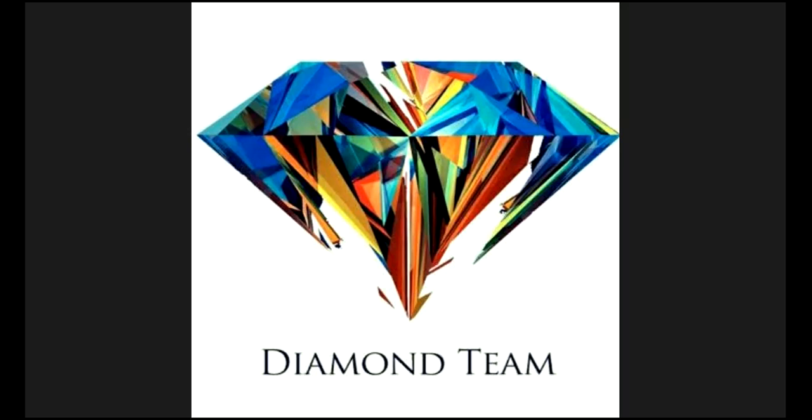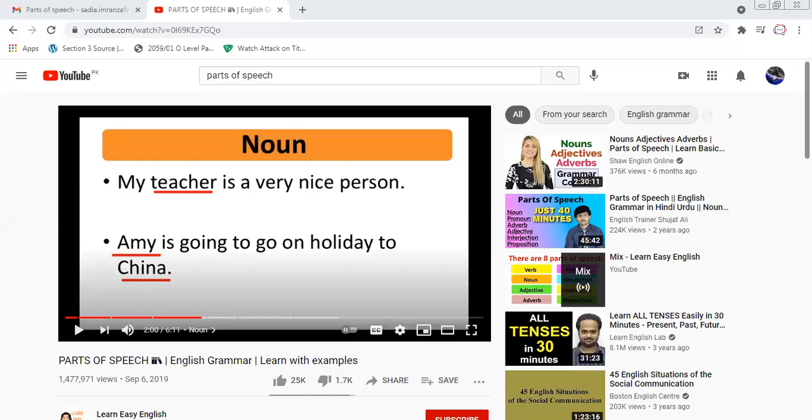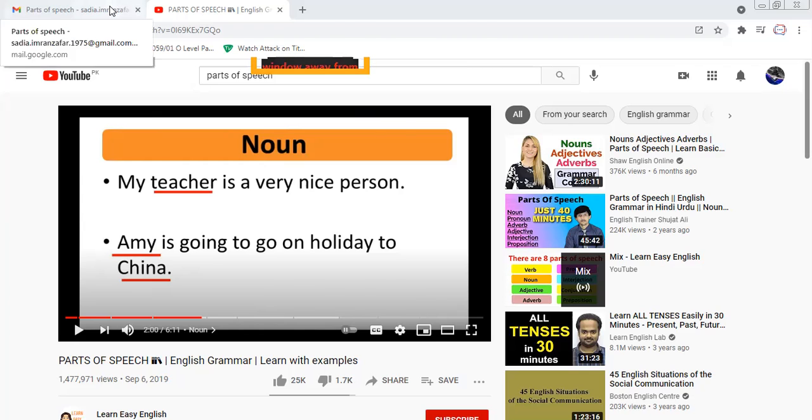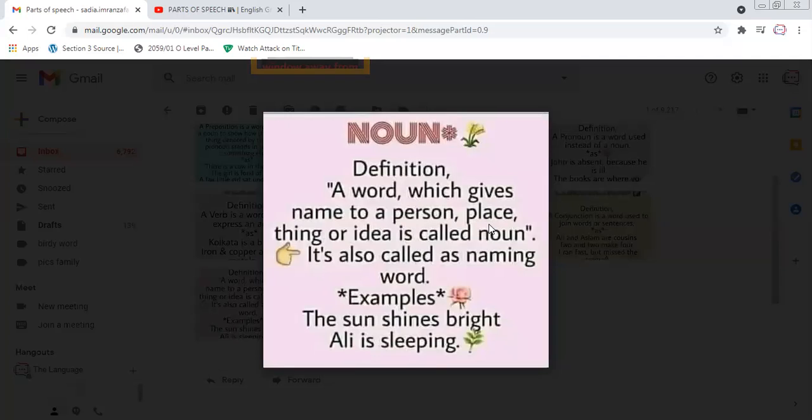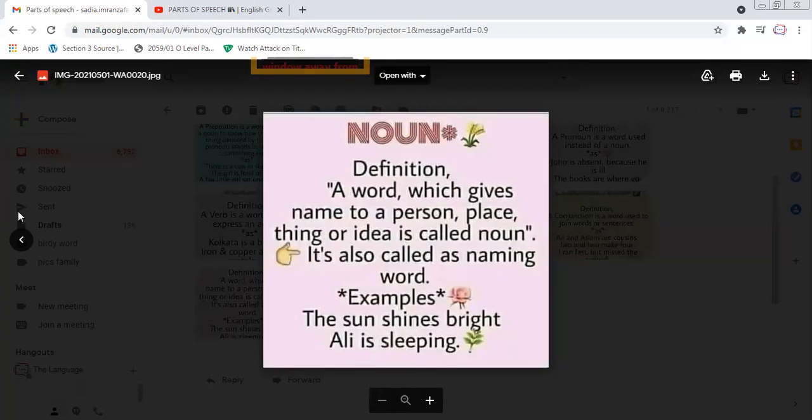Okay, so we will continue from here. The parts of speech we have discussed are noun and pronoun. And now we are going to see the next part of speech.